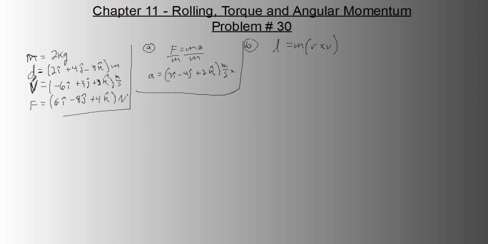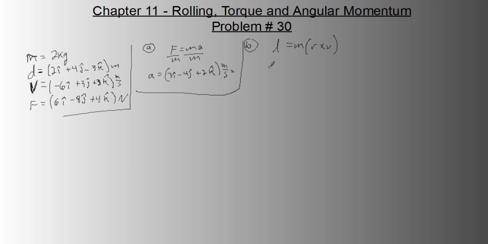How can I do this quickly? Well, I'm just going to do it out. I'm going to skip the i cross i, j cross j, k cross k terms. We already know those cancel. So I'm just going to do i cross j, i cross k, j cross i, j cross k, k cross i, k cross j.